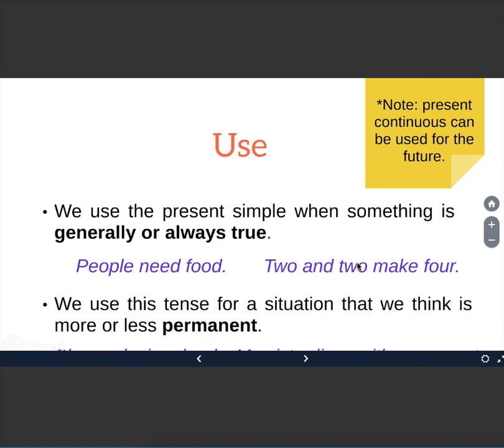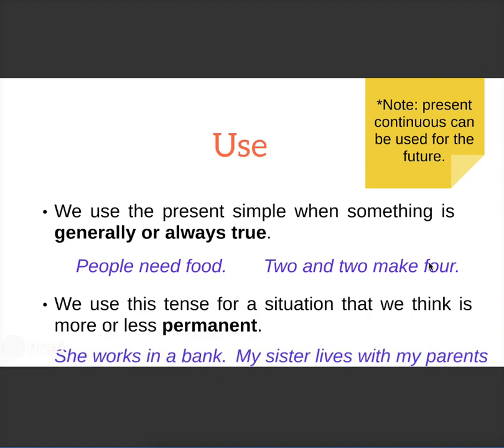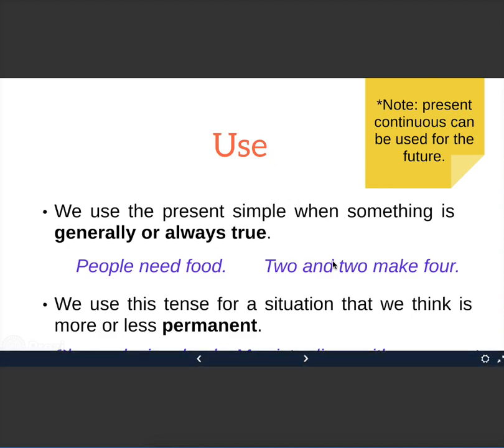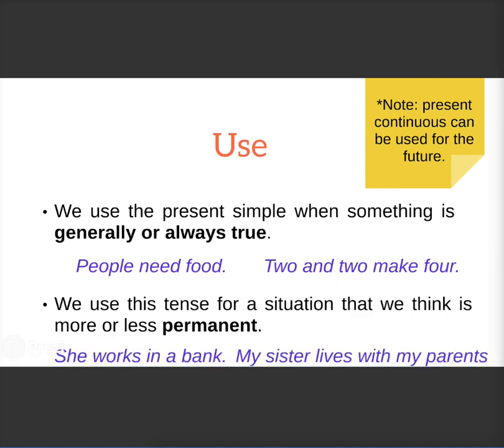Who can give me another example? Something that is generally or always true. Give me another example. For example, something with the sky. Think about the sky and give me an example by using present simple. The sky. What is the color of the sky, guys?